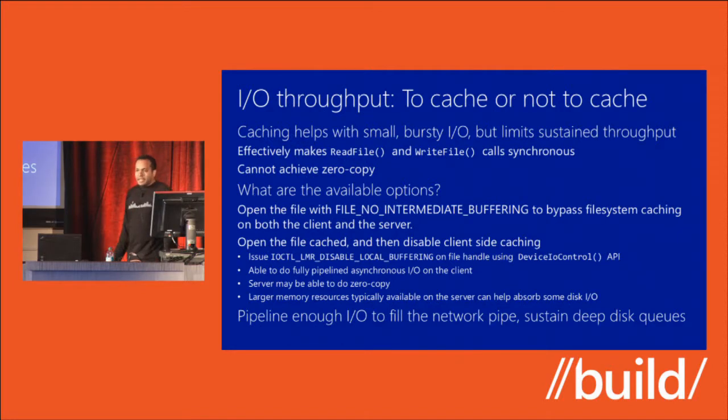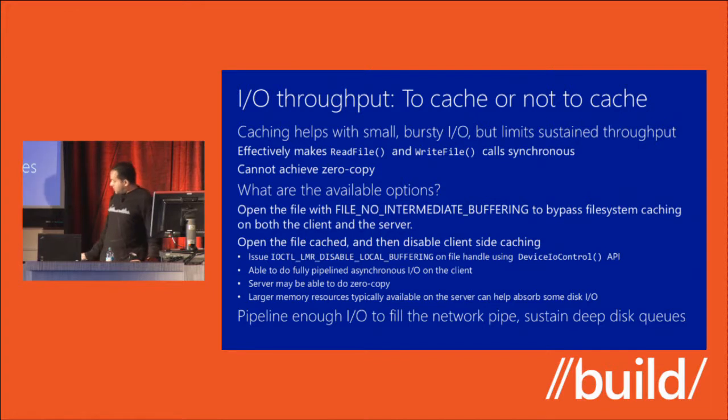Now, the key to achieving high IOs per second or high throughput is to talk about caching. So caching, when you're talking about remote file systems or remote file access, can happen either on the client or on the server. There are caches on both ends of the pipe, so to say. So you have to be very aware of what benefits caching can give you, as well as what the limitations are.